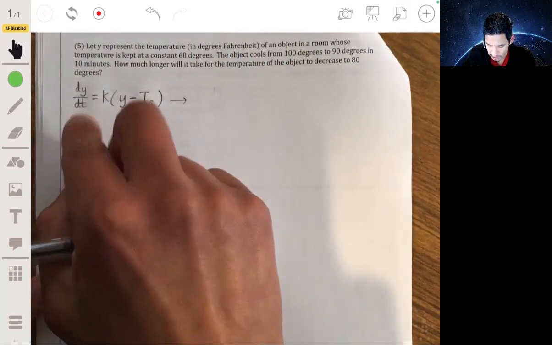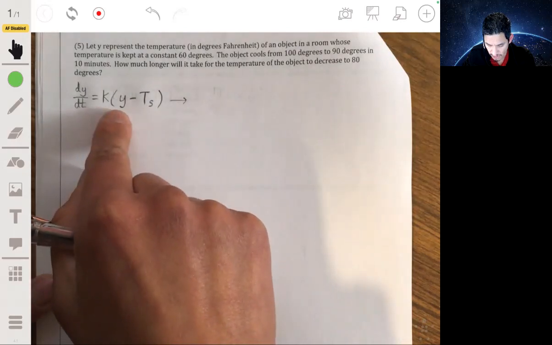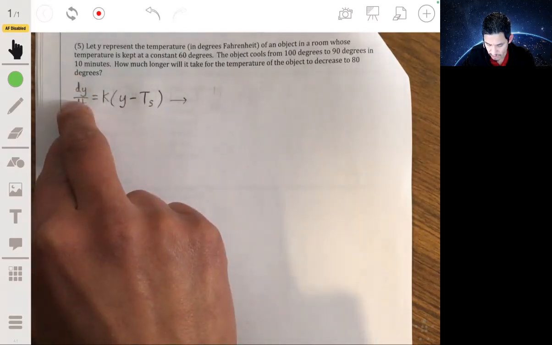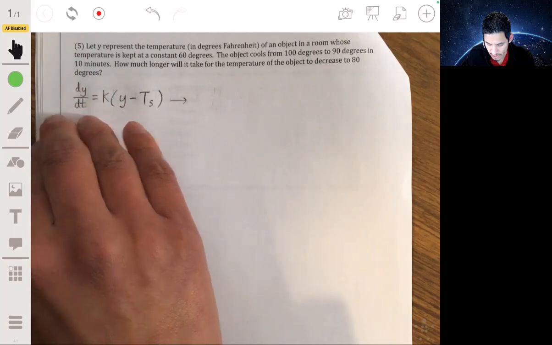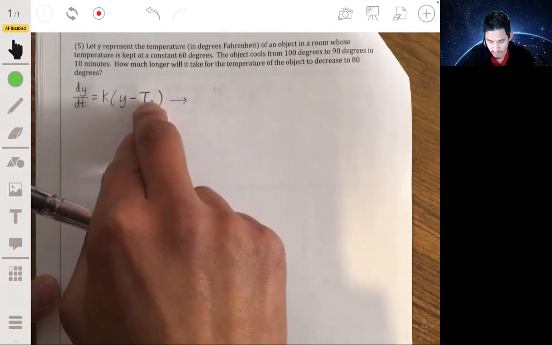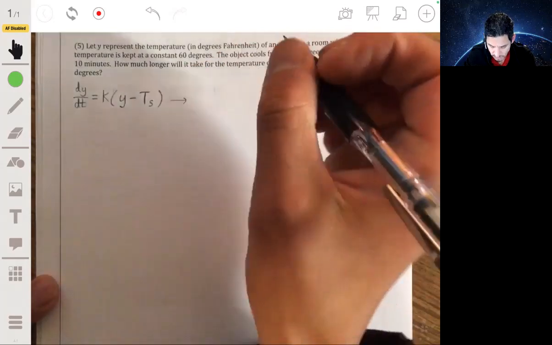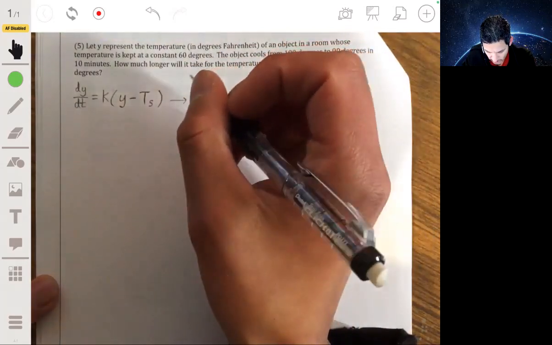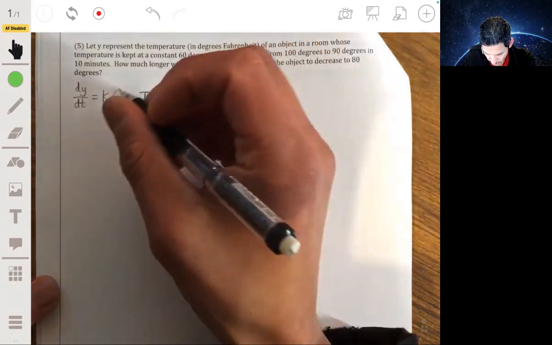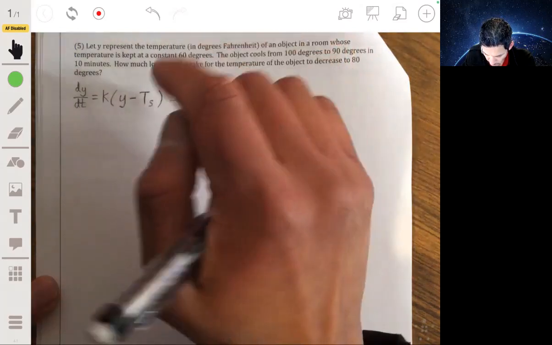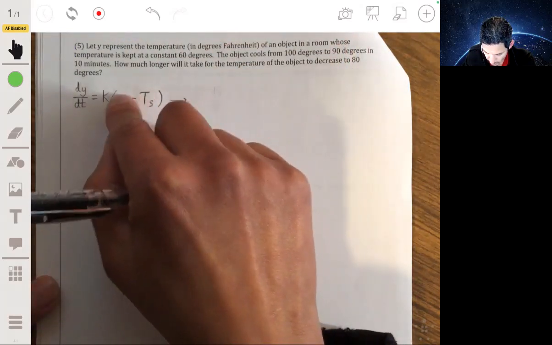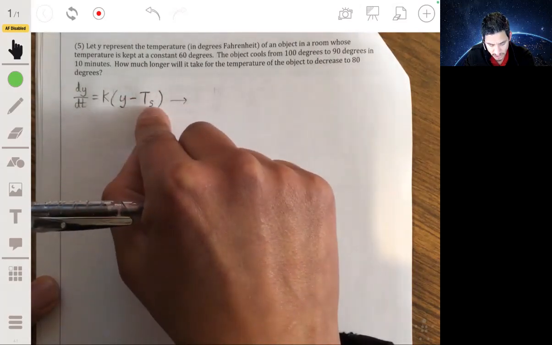Okay, so we're essentially going to integrate. What we want to do first is bring all the y terms to the left and the T and the other terms to the right. We're going to divide by this quantity y minus T_s.